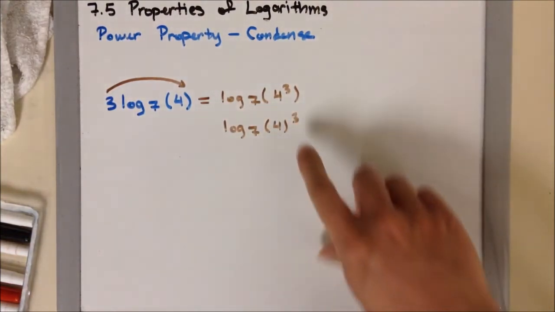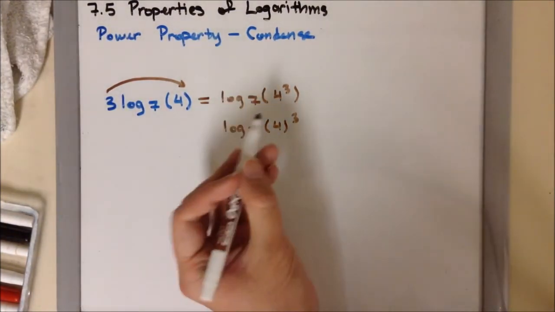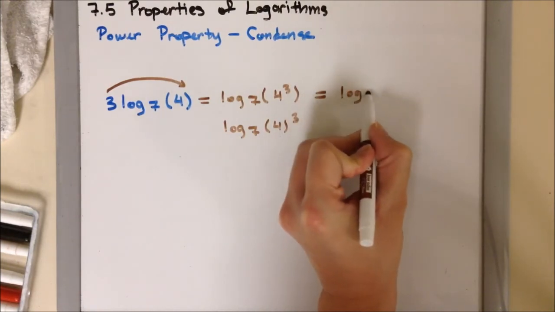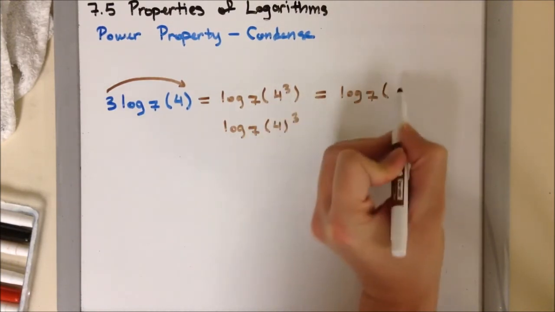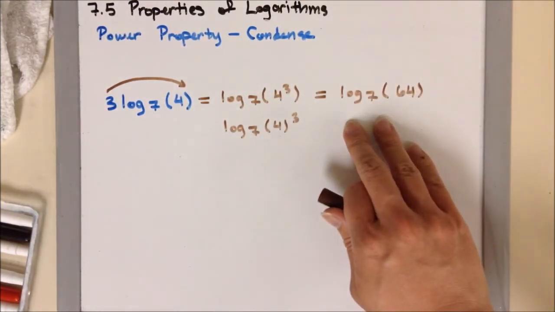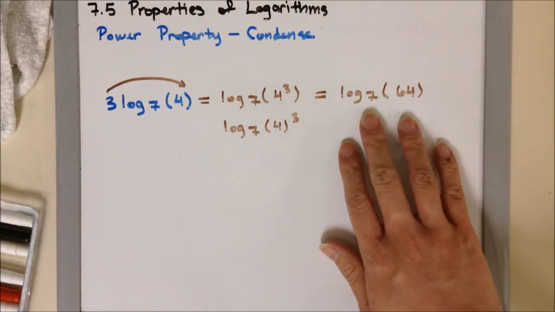Now, since we have an integer with a number exponent, you can actually still simplify it. So it's going to be log base 7 of 64, where 4 to the 3rd power is 64. So this is my final answer if you were asked to simplify.